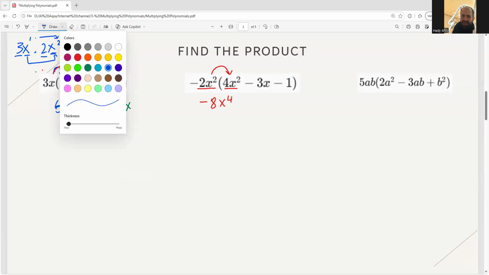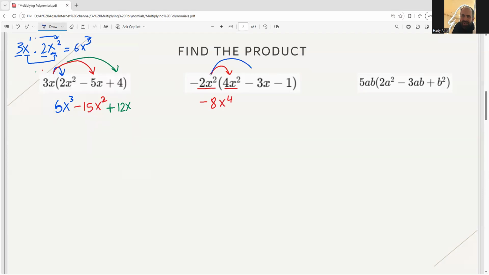And then I'm going to multiply negative 2x squared by negative 3x. Now, I'm going to multiply negative 2 times negative 3, and when you multiply two negative numbers, the negative signs cancel each other and you get a positive number. So 2 times 3 will be 6. x squared multiplied by x will be x to the power of 3.